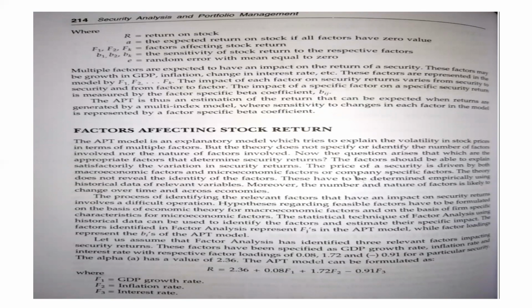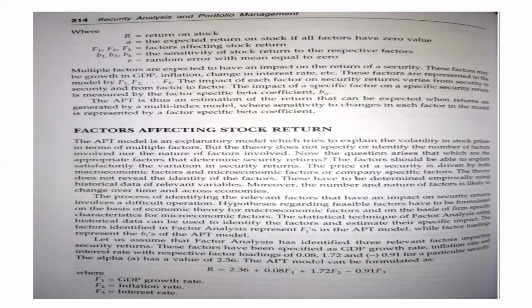So after factor analysis, suppose 3 factors have been identified. One is the GDP growth rate, second is the inflation rate, and third is the interest rate. And the factor loadings are also given. Factor loadings is nothing but the sensitivity of the stock or the security to that particular factor.